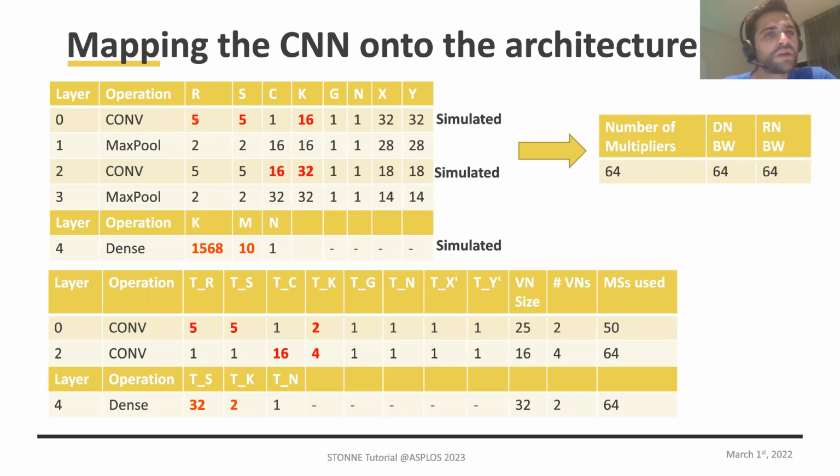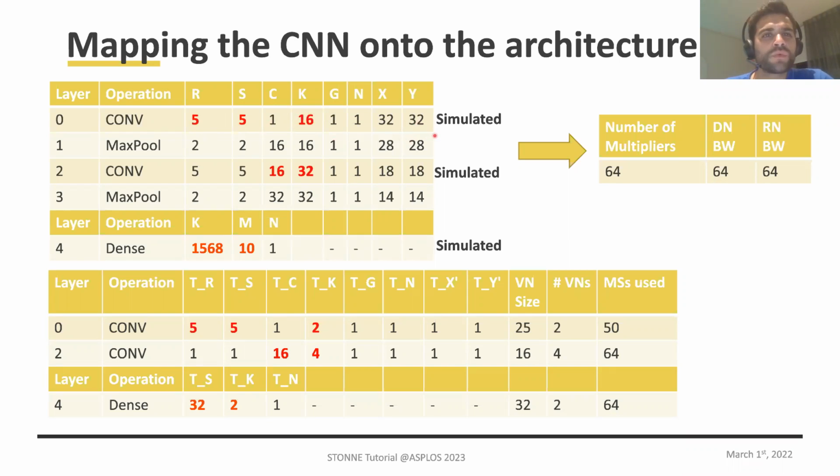We just want to check how many cycles my architecture takes to compute a layer with these parameters, with R equals 5, S equals 5, C equals 1, K equals 16, and you want to do it fast. You just want to type some parameters into the simulator, run this very small simulation, and test out how it works.